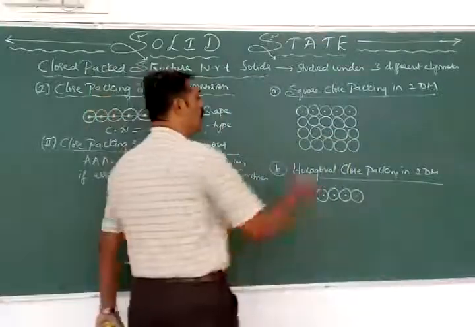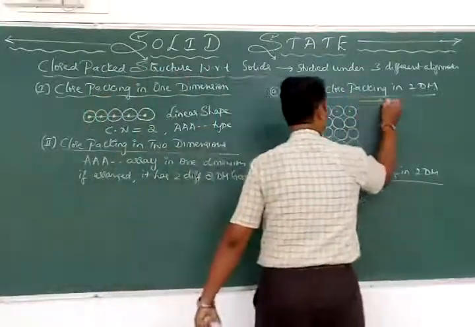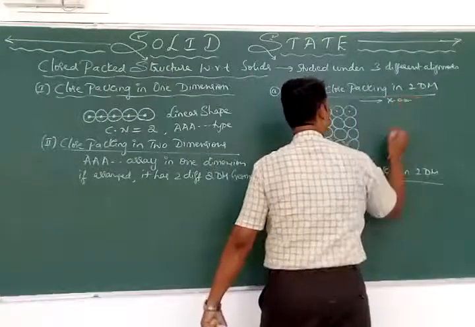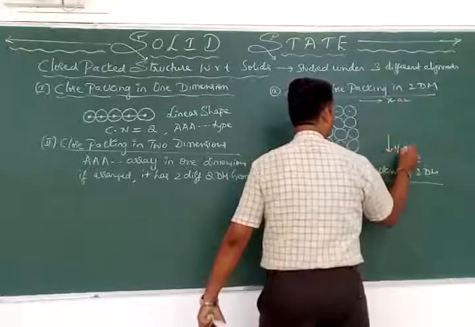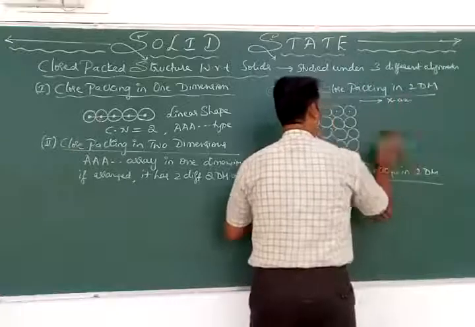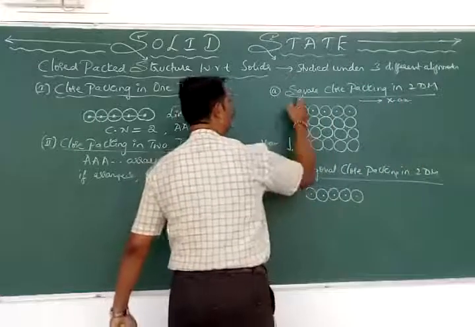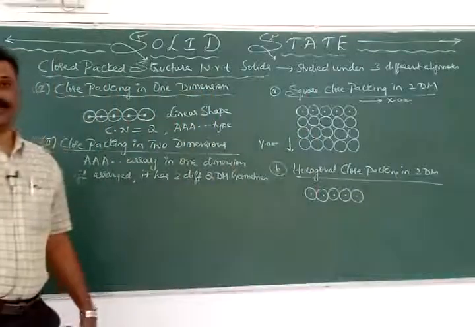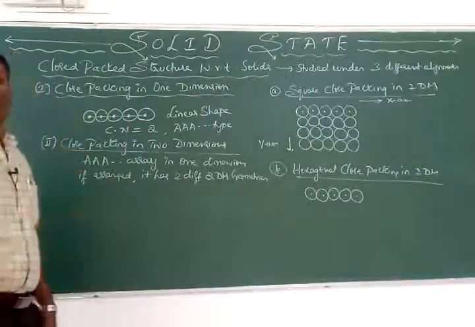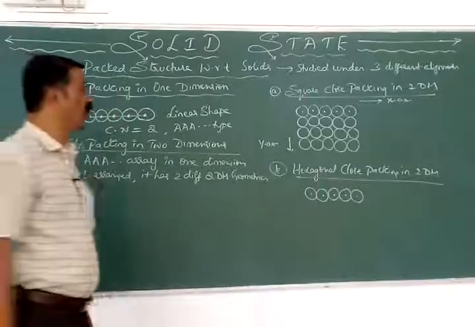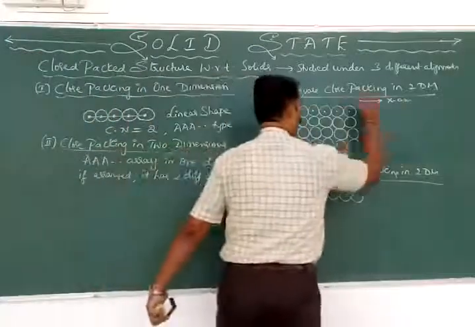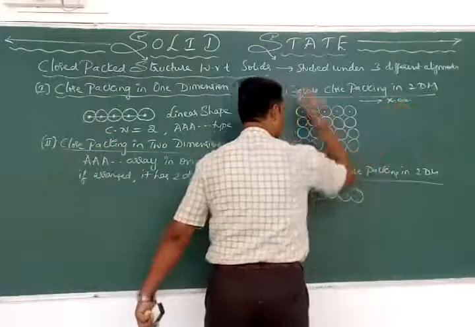Suppose this is the x-axis, then this must be the y-axis. It is a two dimension. So this is the x-axis, one direction, and this is the y-axis.